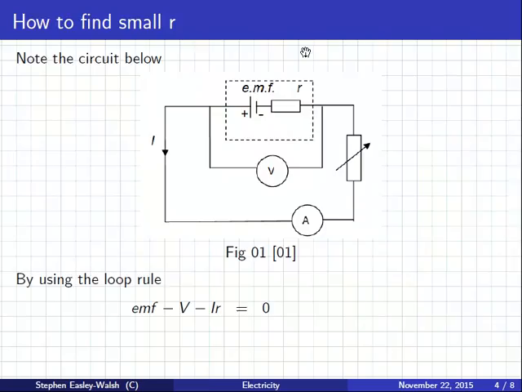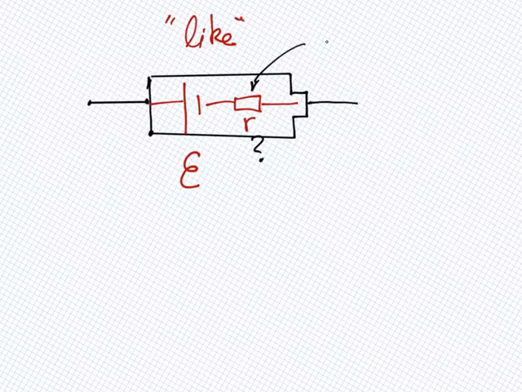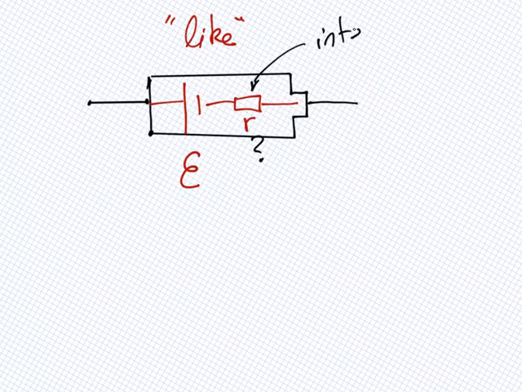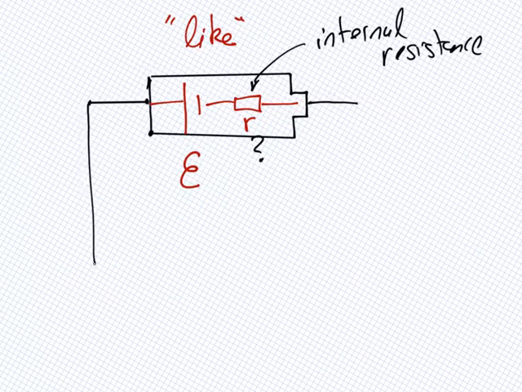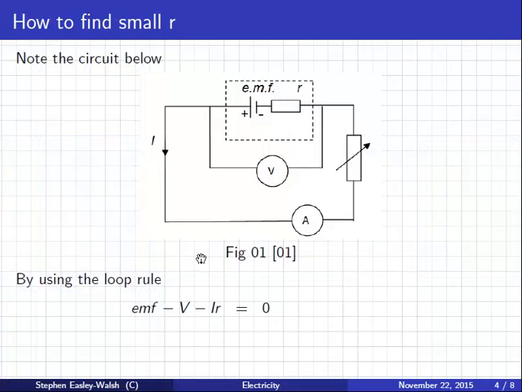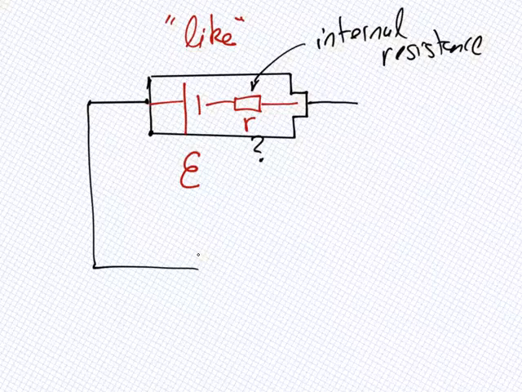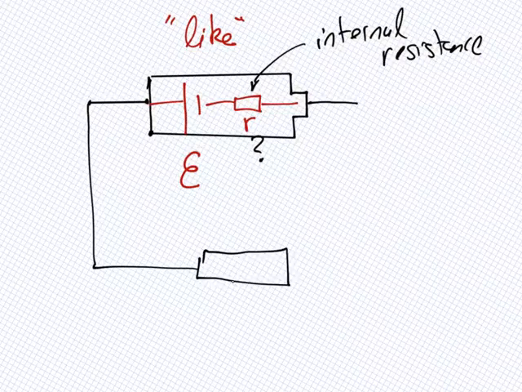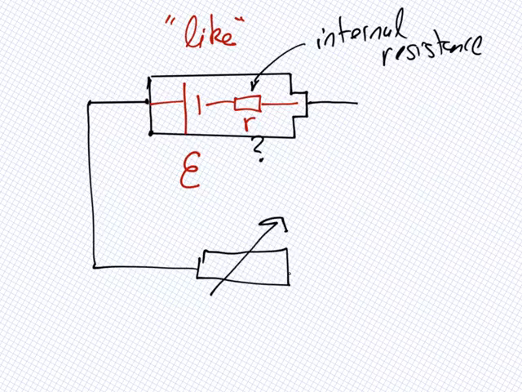I didn't write down the name of this. This is called the internal resistance. So what we do is we connect it up to a variable resistor here.